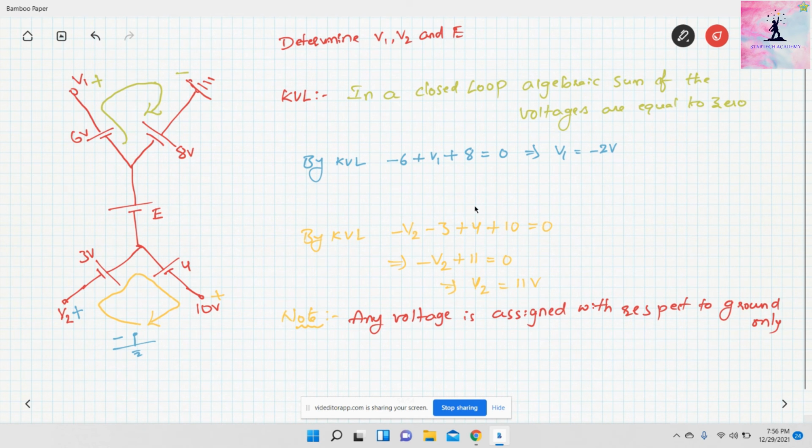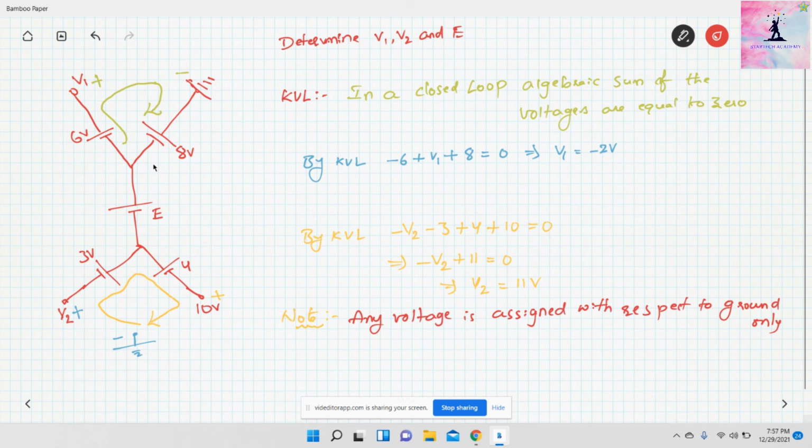Now we have to determine E. So we need to determine this E value. So how to determine? First of all, in order to determine E, we have to form a loop first. Okay, what is the loop? See here, this is the loop.